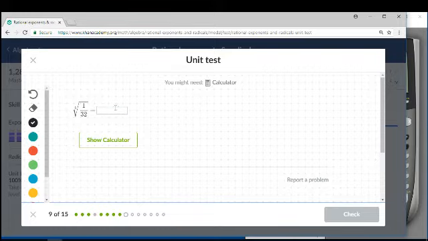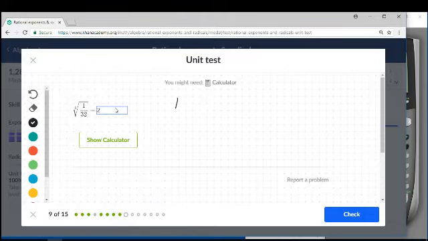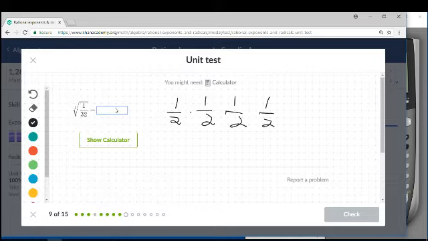So that should be 2, because, well, actually, is it 1/2 times 1/2 times 1/2 times 1/2 times 1/2. 2 times 2 is 4, times 2 is 8, times 2 is 16, times 2 is 32. 5th root of 1 over 32nd should be 1/2.